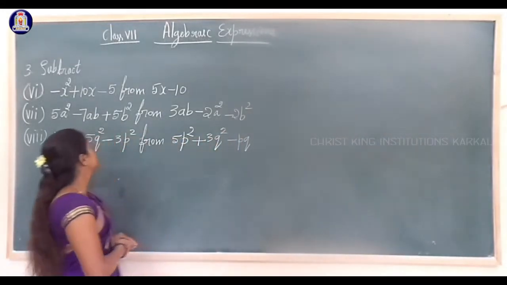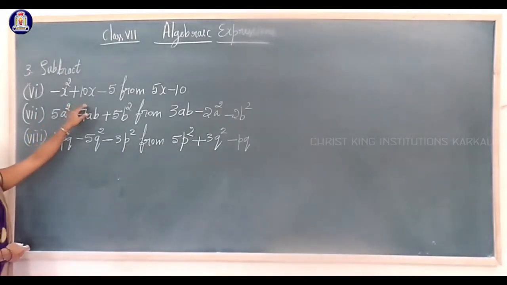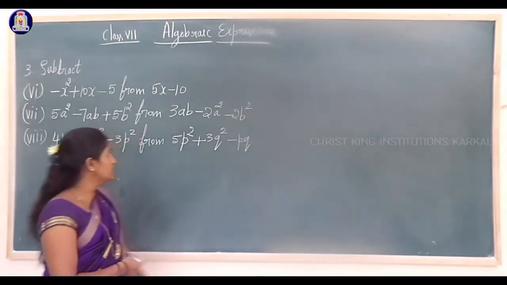The next question, the sixth: subtract minus x square plus 10x minus 5 from 5x minus 10.